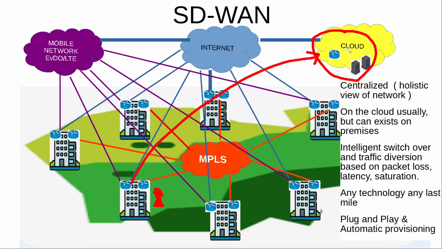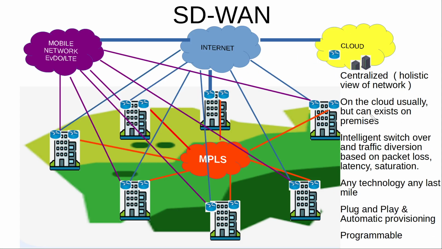It all happens automatically. And most importantly, these SD-WAN solutions will provide you with an API. It will provide you with an API so you can, as a user, communicate using software, using this API to take control over your wide area network.